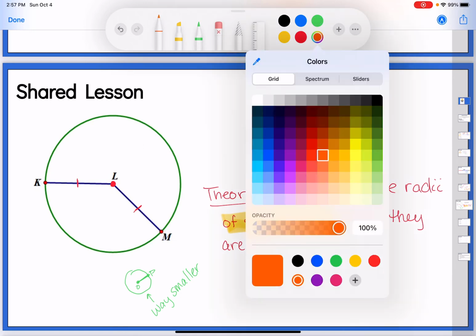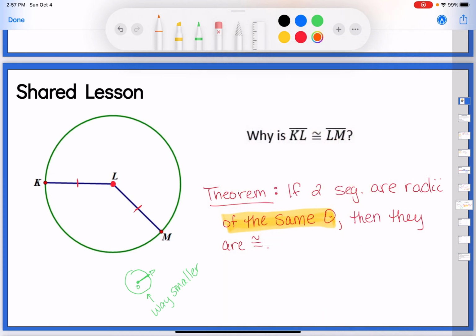So we'll just make a note here that you can assume radii from a diagram.